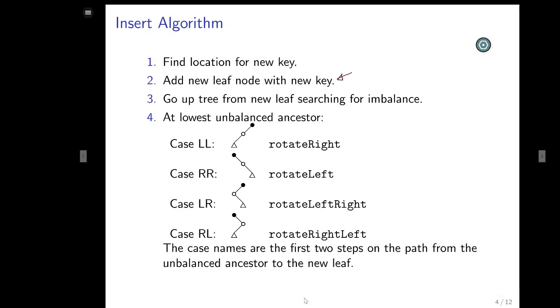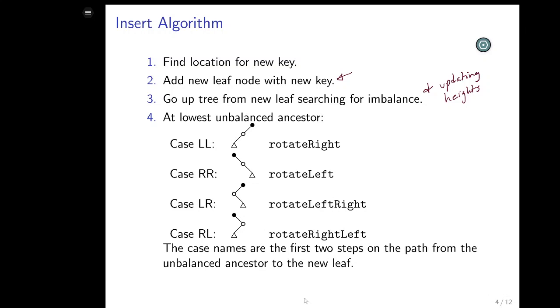Then as you come up the tree, either by coming out of the recursion or by following parent pointers, depending on what you want to do, you search for imbalance, and you also update the heights of the nodes that you're encountering.